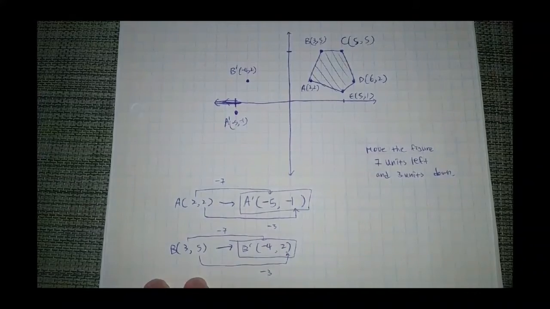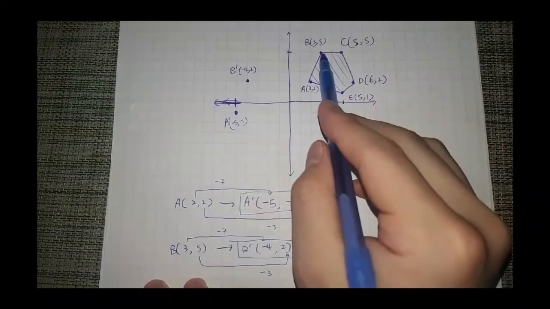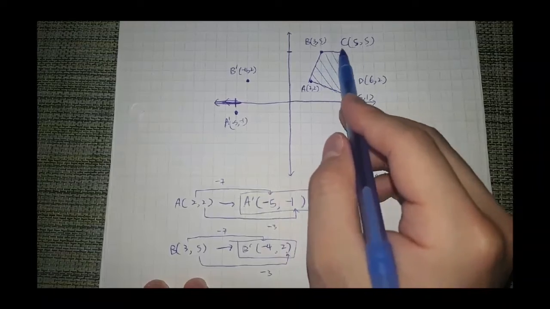I'm going to tell you why we don't have to move everything using the calculation, which is basic integer operation. As you may notice, B and C are just 2 units apart.